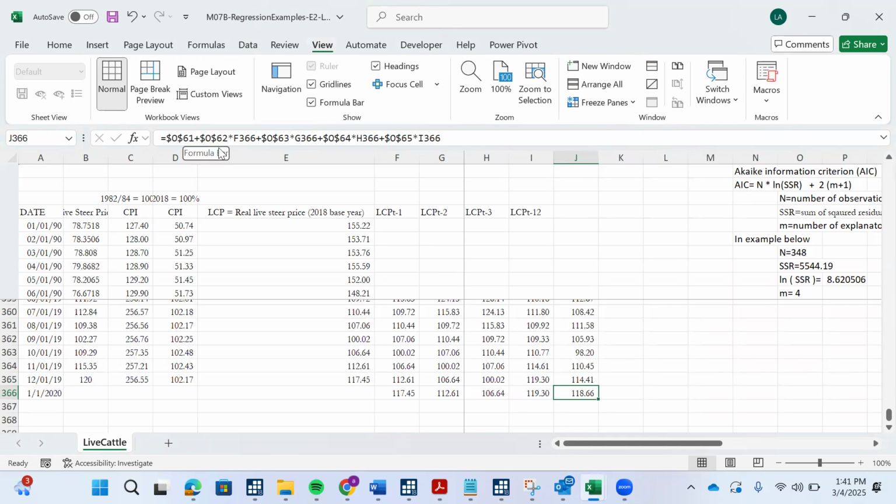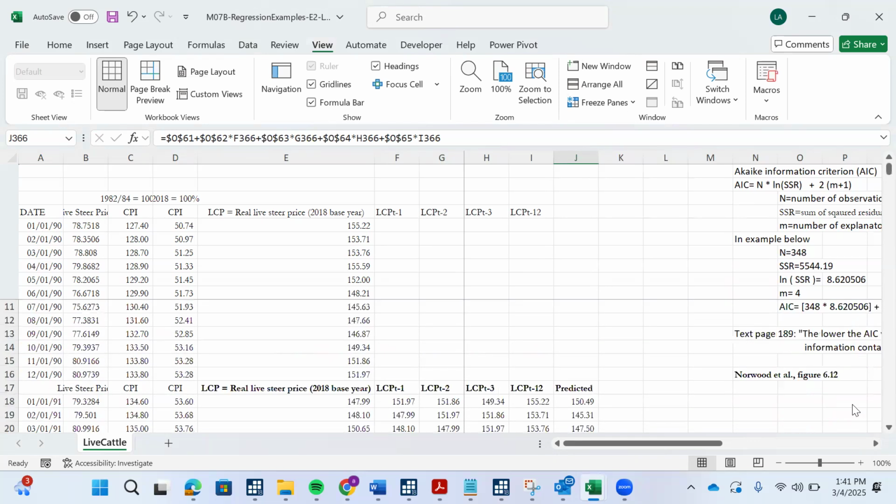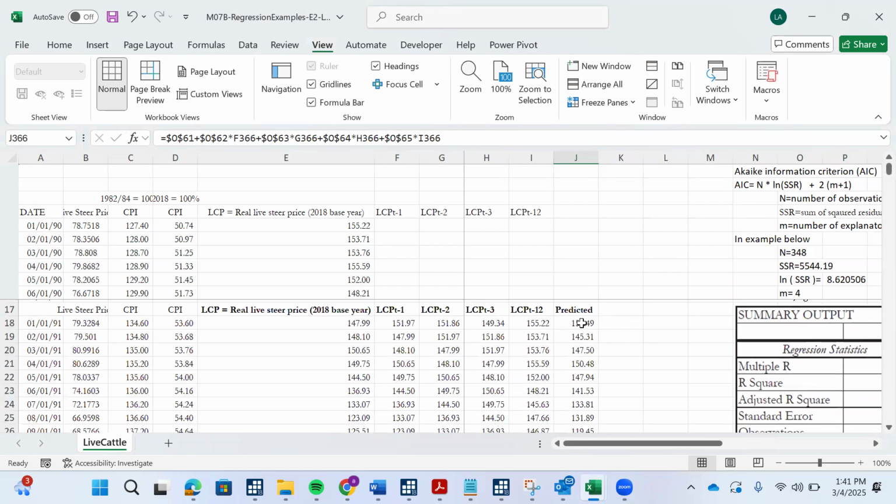So then again, what happens here is we don't have the real value, but we can predict based on our previous values and then the same equation that we used to generate our predicted value column. Again, we have our coefficients times the values in any given month.